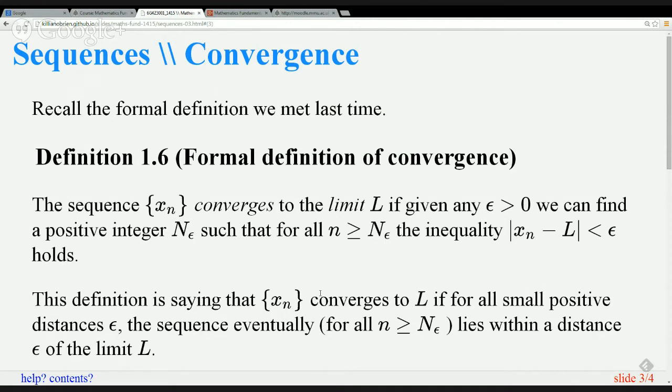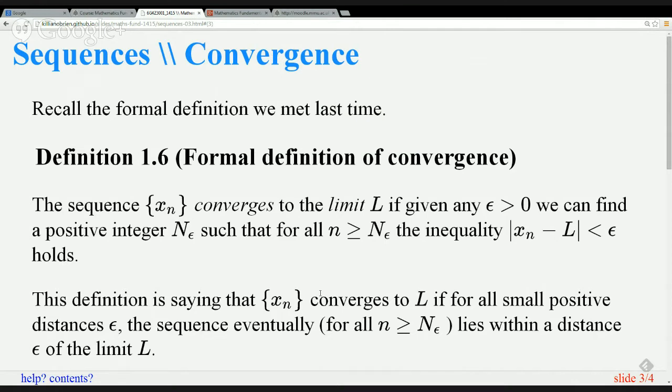So we say if you're given any small quantity epsilon, remember this corresponds to the radius of the interval surrounding the limit. So we think of epsilon as, for any small radius, for any small interval around the limit, there exists a point in the sequence. That point is represented by capital N there.